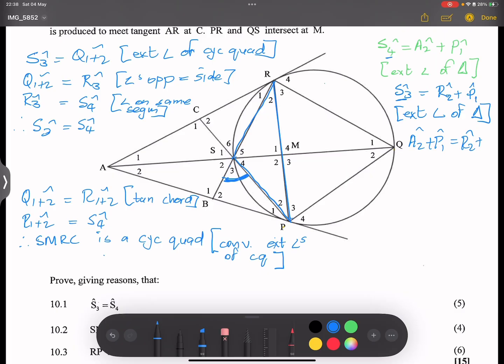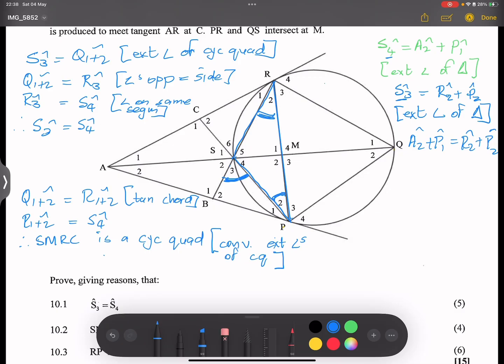S3, we said that's R2 plus P2. Yeah, I made a mistake there. That is plus P2. I see P1 was appearing twice there. So that's R2 plus P2. Please note, it's this angle P2 as well as R2 there.